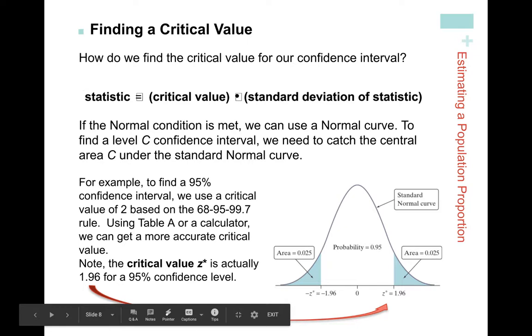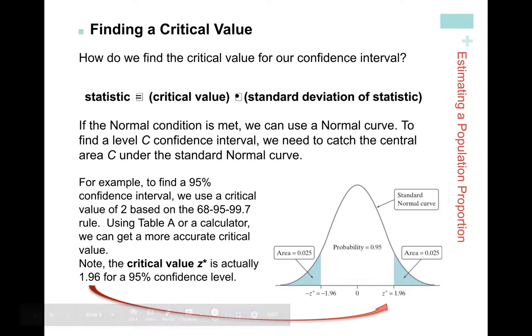That I told you to memorize. So memorize the Z star for 95% and the Z star for 90%: memorize 1.96 and 1.645. For every other confidence level, you can just use inverse norm.